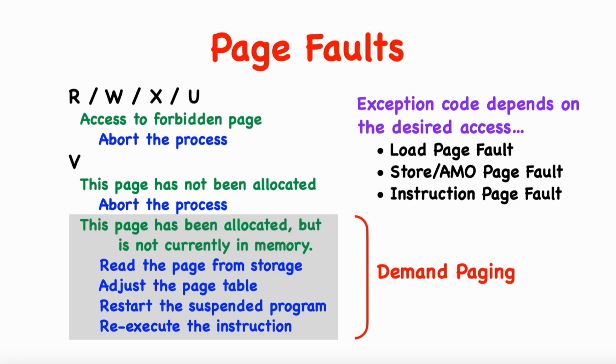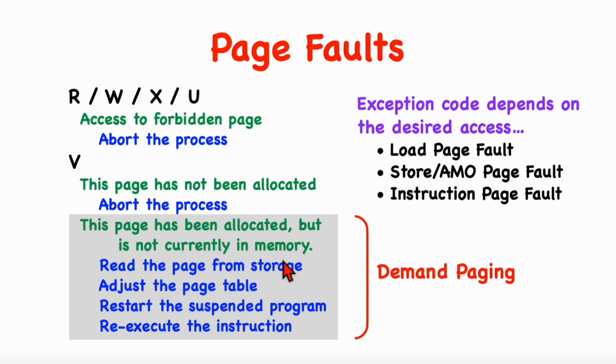If the program is trying to access a page that has never been allocated or mapped to anything, then it's an error on the part of the program, and the kernel would simply abort the program. On the other hand, if the page exists but is not currently resident in memory, then it's not an error. Instead, the kernel will need to bring this page back into memory.